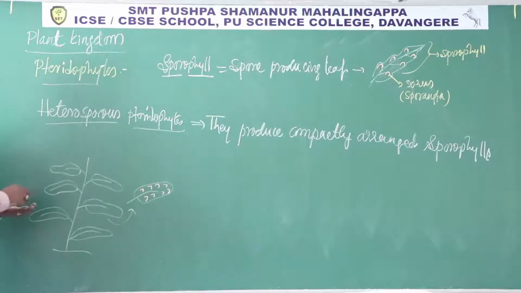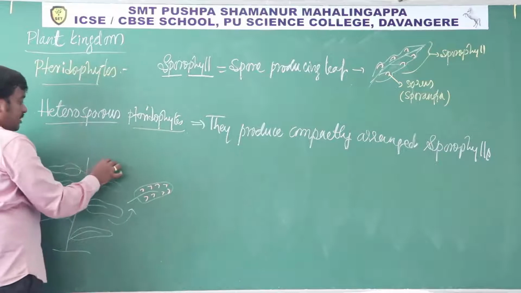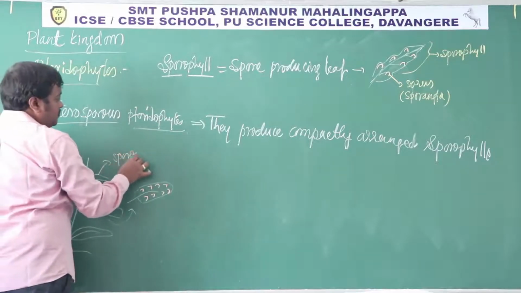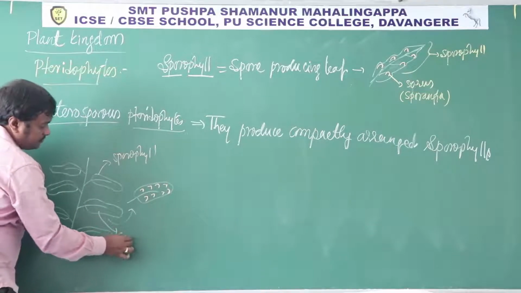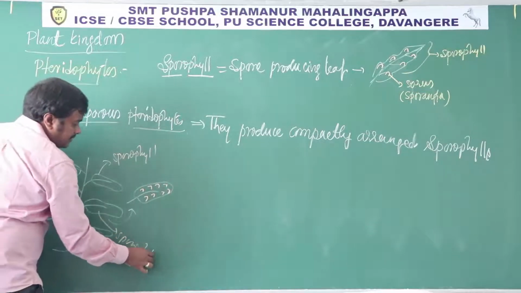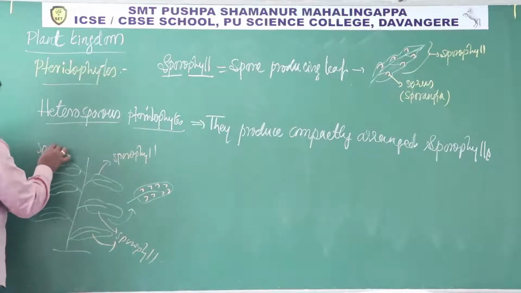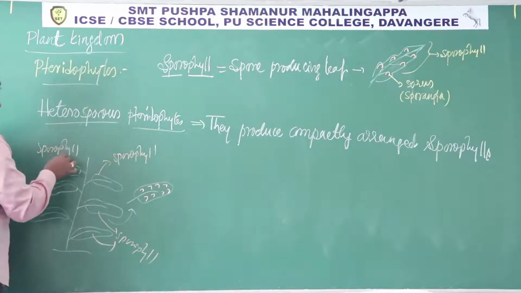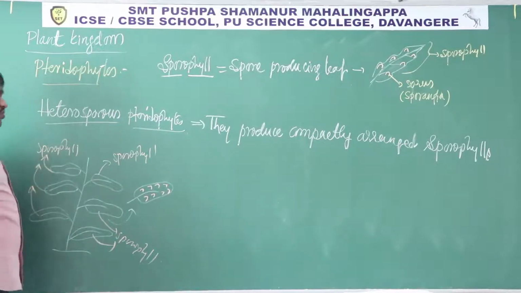So each individual leaf is termed a sporophyll. This one is also a sporophyll, this leaf is also a sporophyll, and these are also sporophylls. However many leaves there are, each leaf can be termed a sporophyll.